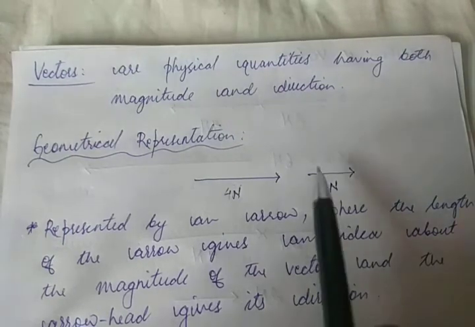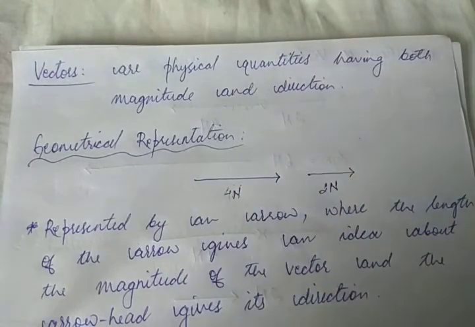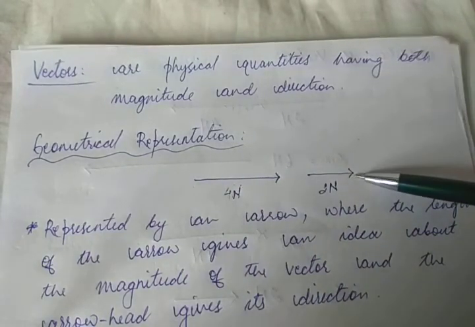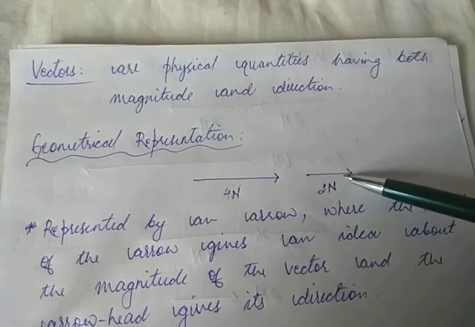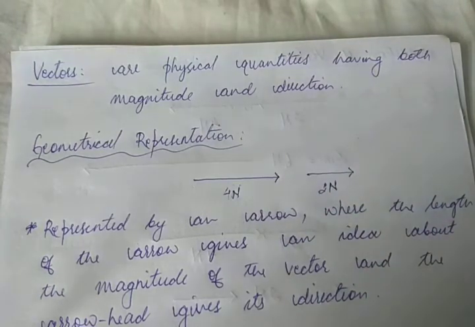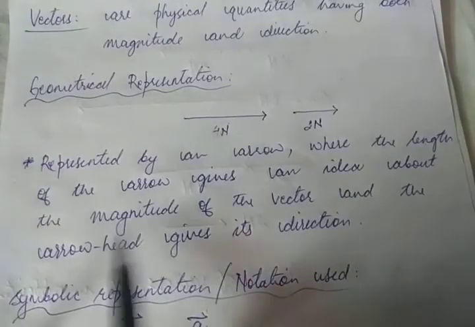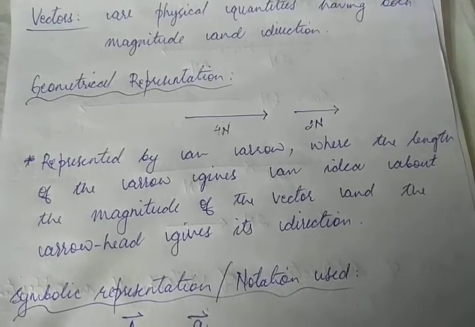This is what we understand by the length gives us an idea about the magnitude of the vector. 2 Newton is half of 4 Newton, so therefore this arrow is almost half of this particular arrow. That is exactly what I've written over here. You can read this. The length of the arrow gives us an idea about the magnitude of the vector. The arrowhead gives us an idea about the direction.